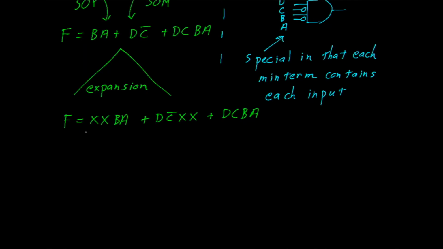As we continue our expansion, we'll see that this first term actually encompasses 4 minterms, including D0, C0, BA, D0, CBA, DC0, BA, and DCBA. Likewise, this term expands to encompass 4 minterms.